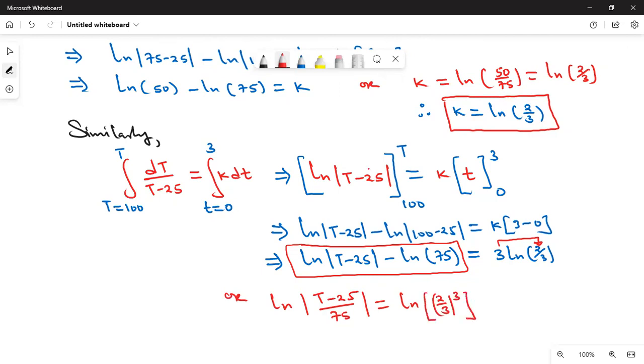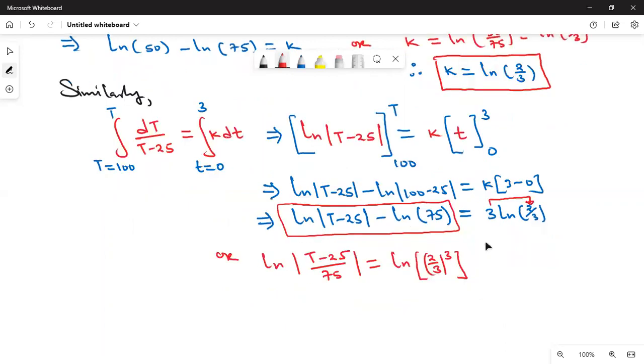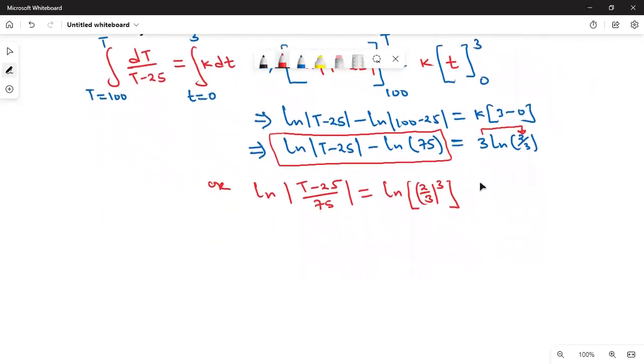I've used the laws of logarithms so that when I take exponential on both sides, those logs will disappear. So that we'll have now T minus 25 over 75 is the same as 2 over 3 cubed.